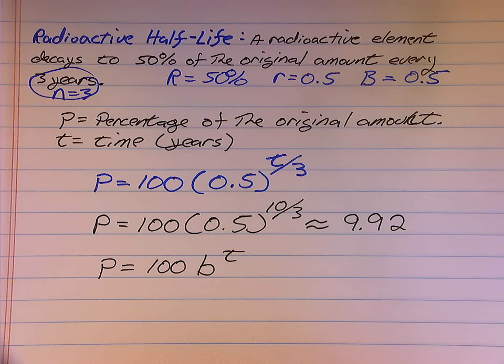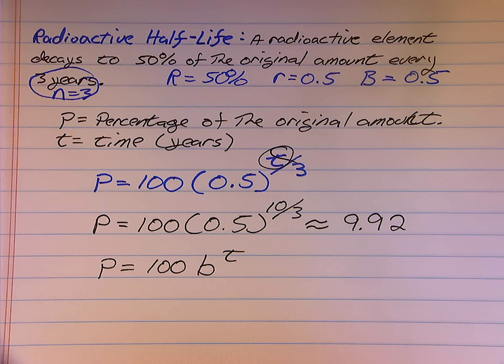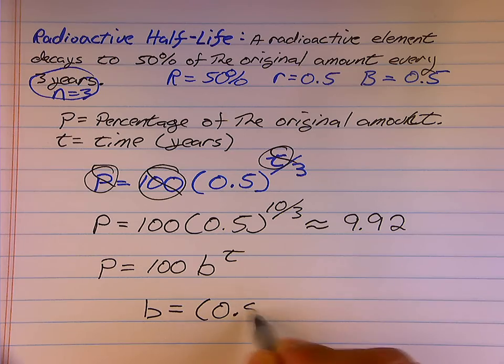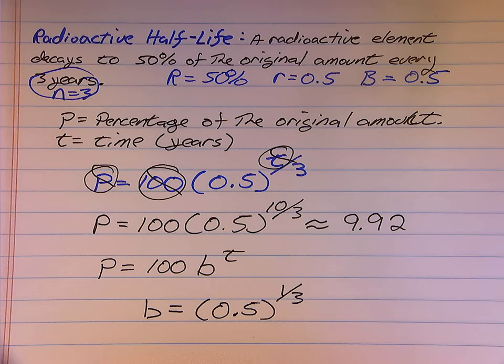Now, to identify a factor from any given formula, it's very important to note that the input variable is not the factor, the output variable is not the factor, and the initial value is not the factor. That means my factor is everything else remaining, which is 0.5 to the 1/3. This I can plug into my calculator. 0.794.